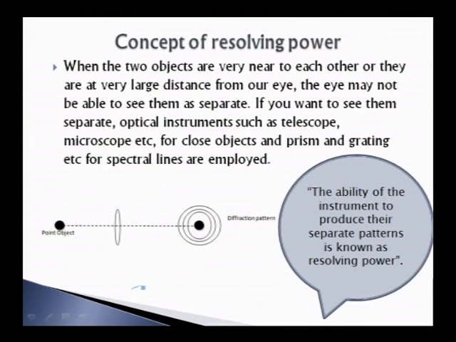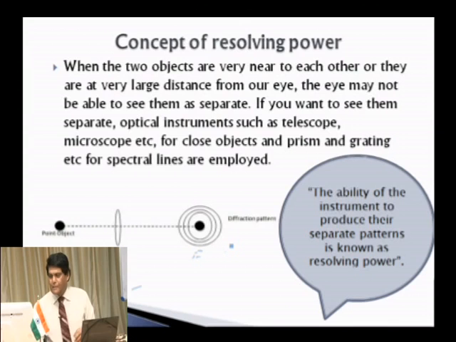Now, if you see a point object lying at a far away place and allow the light from it, you can see black spots, that is, the diffraction patterns can be seen. So, this is nothing but diffraction.